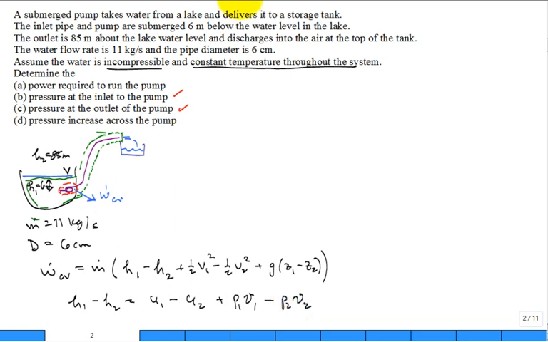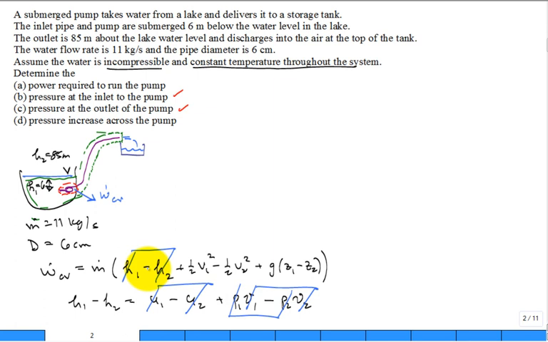So, did the temperature of the water change? Did the internal energy of the water change? No. Did the specific volume of the water change? Is it more dense? No, it's incompressible. How about the pressure? Atmospheric pressure, both of them have the known pressure with confidence. So guess what? The change in the enthalpy is 0.